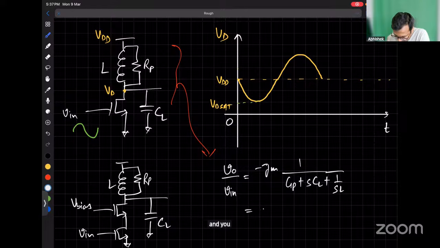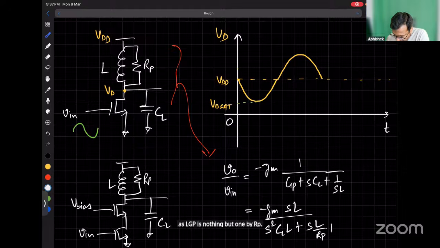Multiplying through, SL·GP is nothing but SL/RP, plus 1. So this kind of transfer function you are going to get.